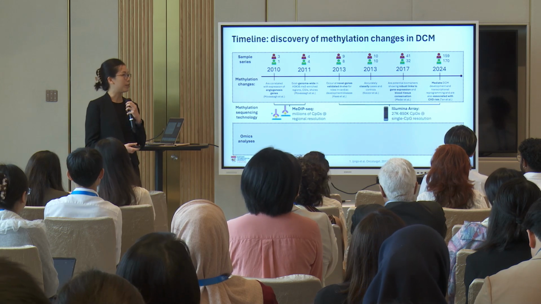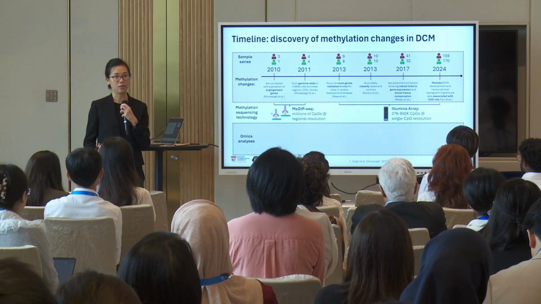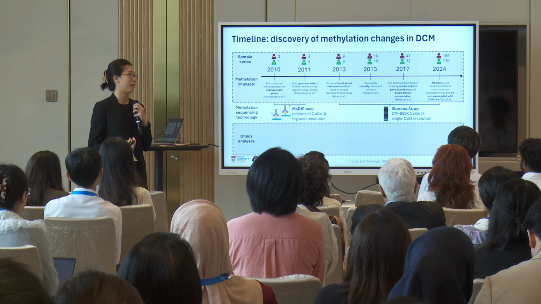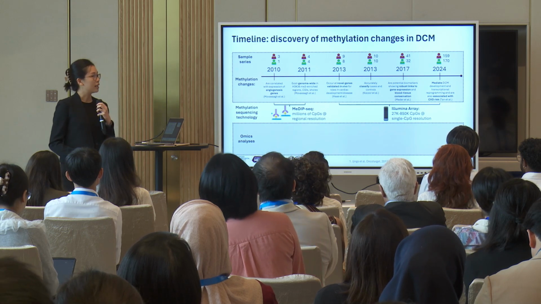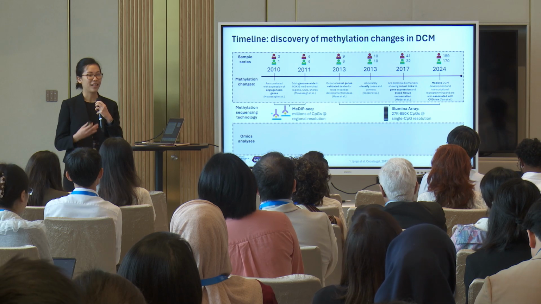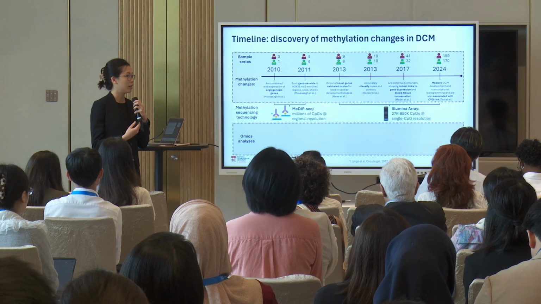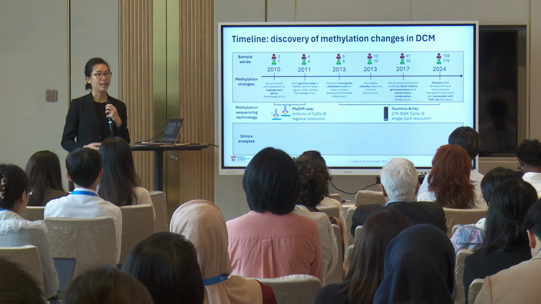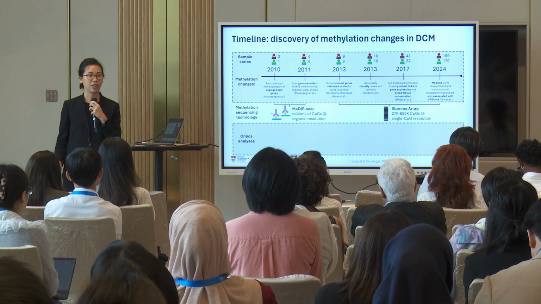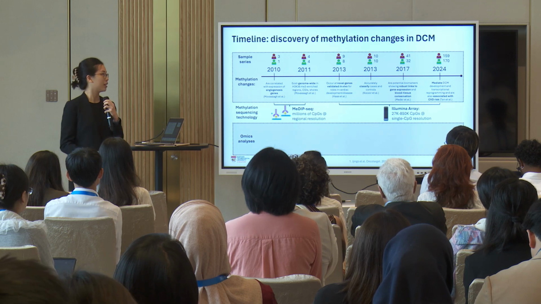But now we are able to get a single CpG resolution thanks to the Illumina arrays. And so since we had our hands on the largest series of left ventricular tissue available, as well as the newest array technology, we decided to expand the methylation signature of dilated cardiomyopathy.